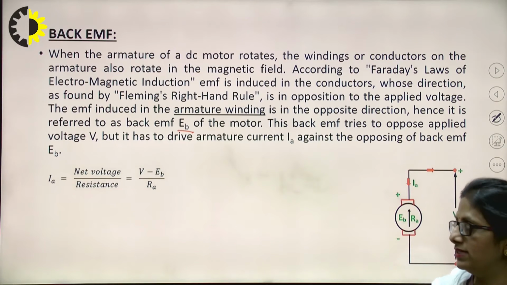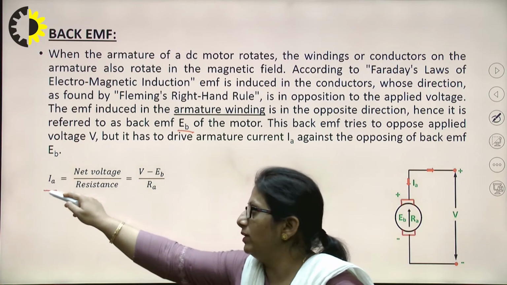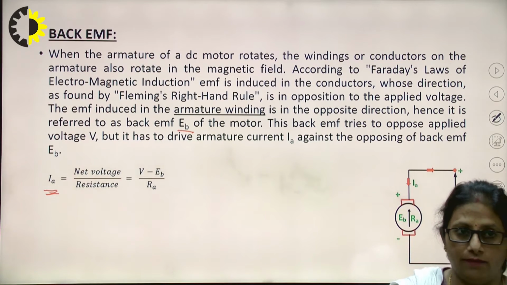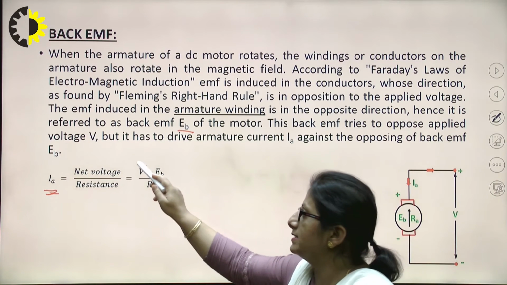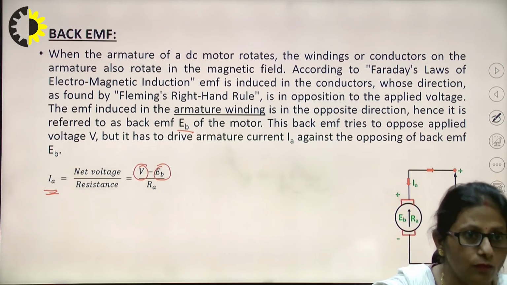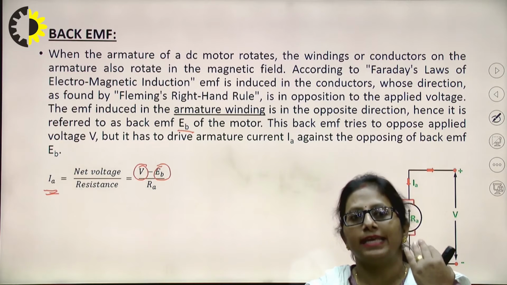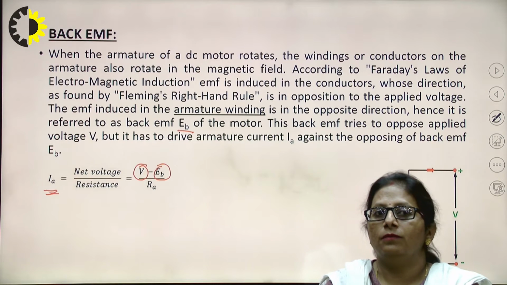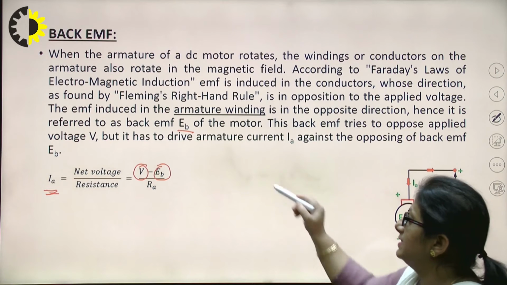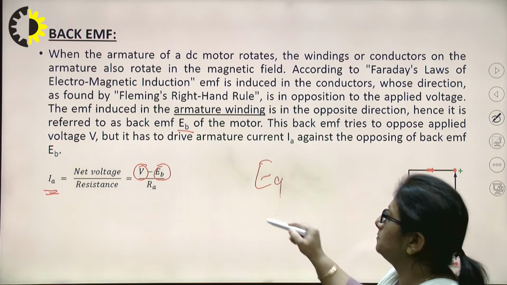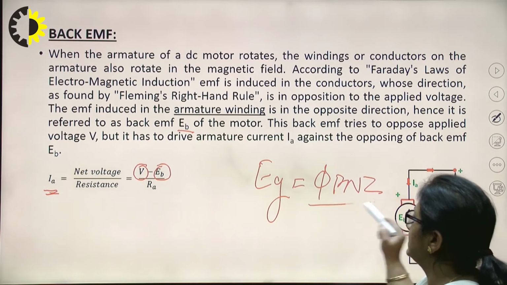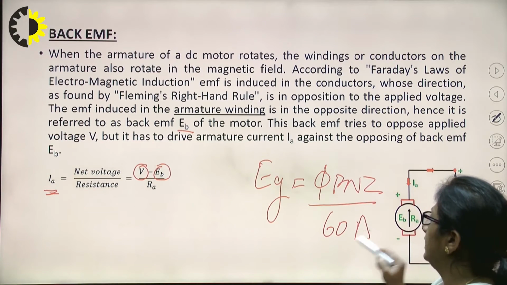That's why, if you just see, the armature current is given by the net voltage divided by the resistance. What is the net voltage over here? Obviously, that is the supplied voltage minus the back EMF. Back EMF, the generated EMF, has the same formula as well as the same value as the generated EMF, which is given by phi P N Z by 60A, what we have derived in the case of a DC generator.